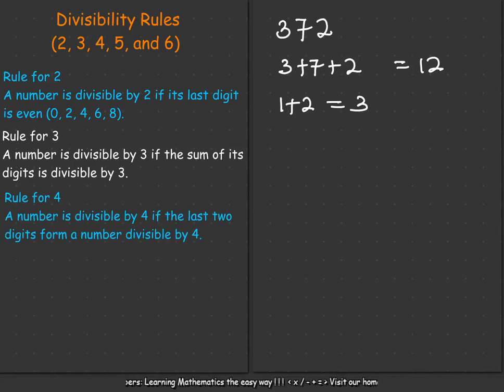Now let's look at 4. A number is divisible by 4 if the last two digits form a number that is divisible by 4. So this tells us that the divisibility rule of 4 can only be used for 3-digit numbers upwards. Hence, you are supposed to know all the 2-digit numbers that are divisible by 4.